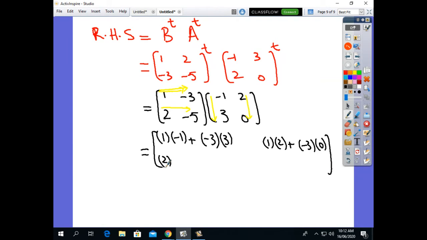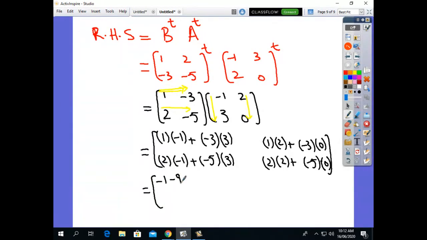2 is multiplied with -1 plus -5 is multiplied with 3. Similarly, 2 is multiplied with 2 plus -5 is multiplied with 0. Now simplified, -1, -9, 2 plus 0, -2, -15, 4 plus 0.